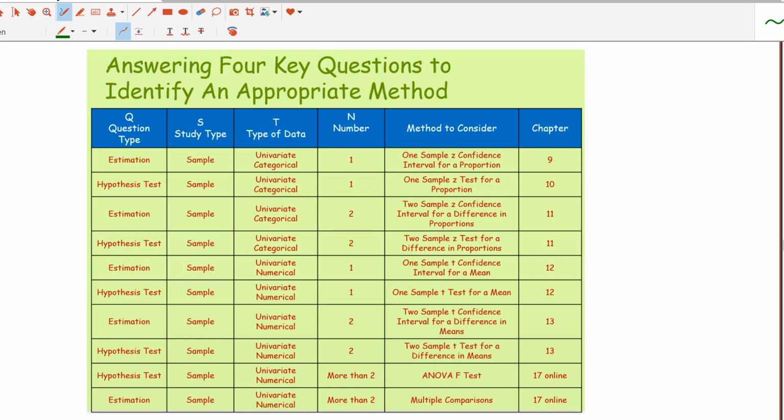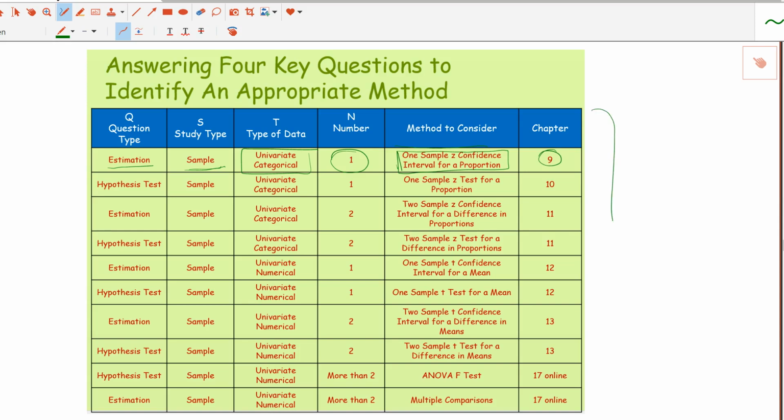Right here we had an estimation problem from sample. The study type was sample data, univariate categorical with one sample, and that tells us that we are looking for one sample z confidence interval for a proportion. Okay, which of course is chapter 9, which is what we're looking at right now.